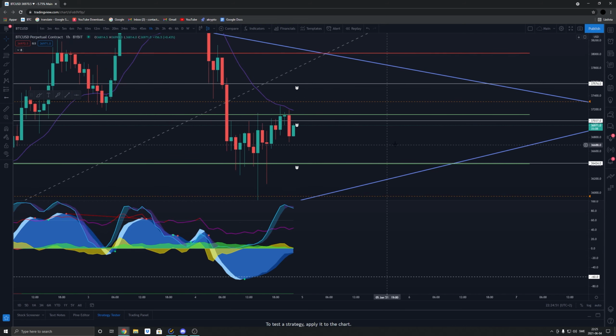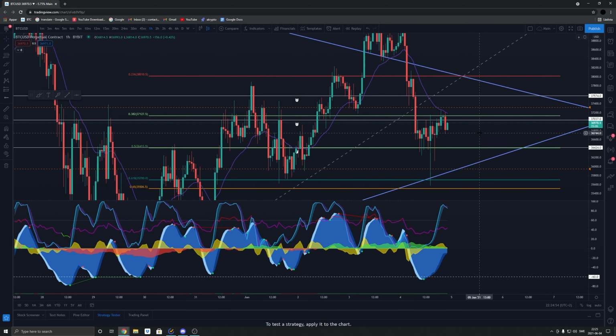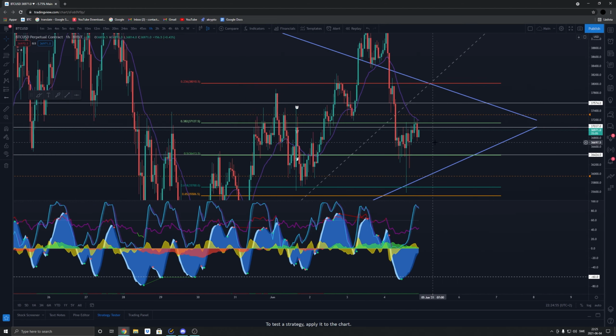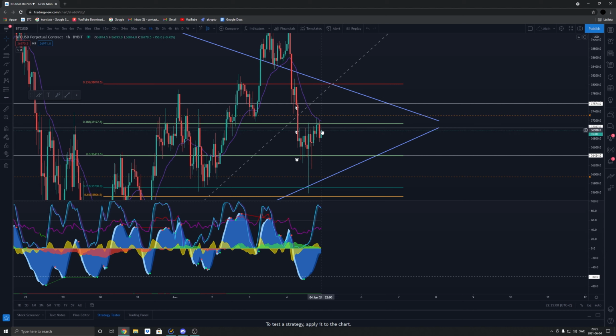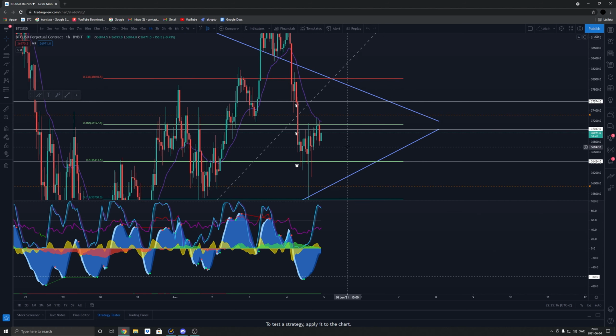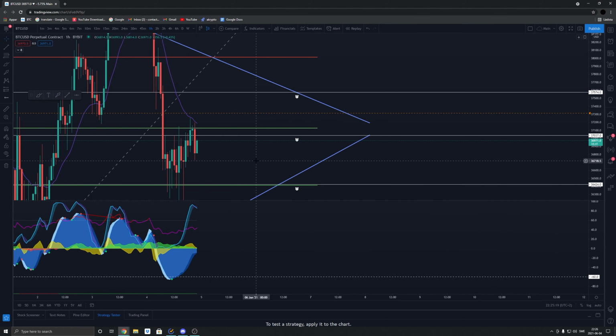You can see here that we are right now getting rejected by the 0.382 fib level. And the 0.382 level, if you don't know, guys, is a pretty strong level as well. We can see here that we have confluence.